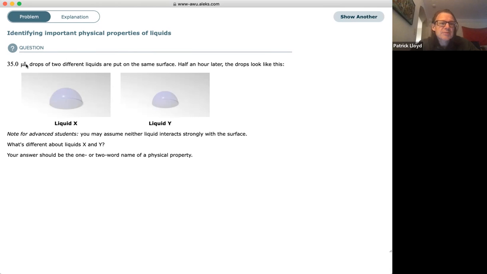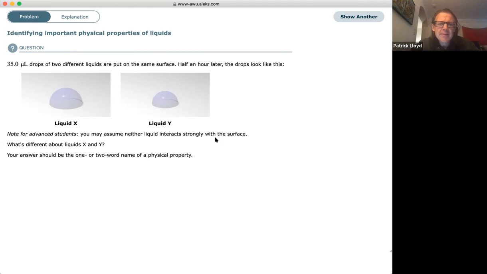They put the same amount at the beginning, but now liquid Y is smaller. So why would it be smaller? Well, one possibility would be that it's getting absorbed by the surface. But look here, it says you may assume that neither liquid interacts strongly with the surface. So they're telling you that's not an issue.